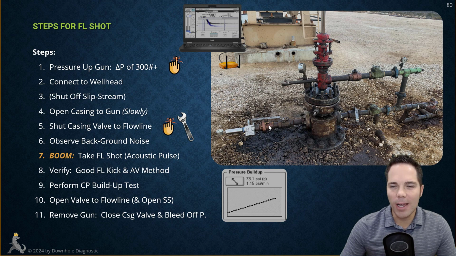Another thing to keep in mind, and what some people forget when they're new at this, is don't forget to open the flow line up when you're done with a shot. This is pretty obvious, right? But you shut in the casing flow line. When you're done with the test and you take your gun off, do not forget to open that back up. And what I always do is I leave my crescent wrench right there.